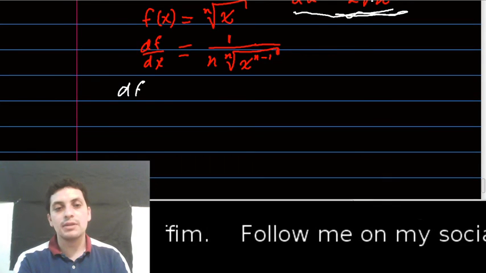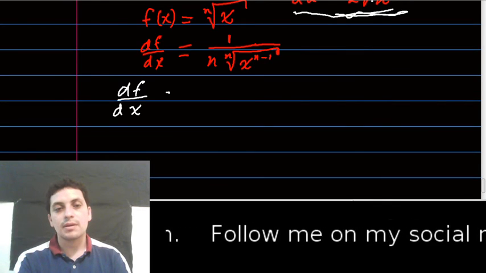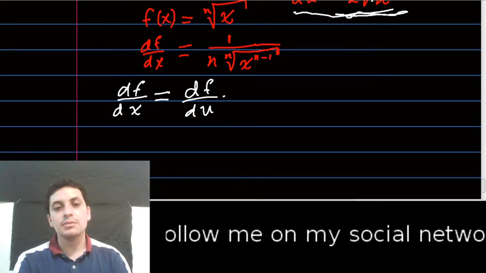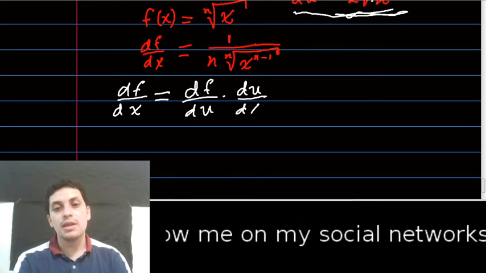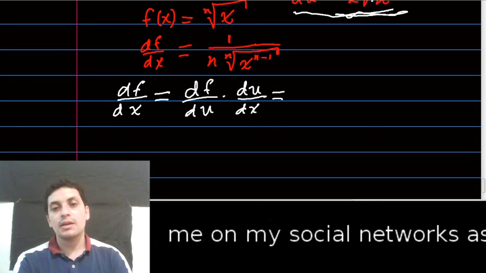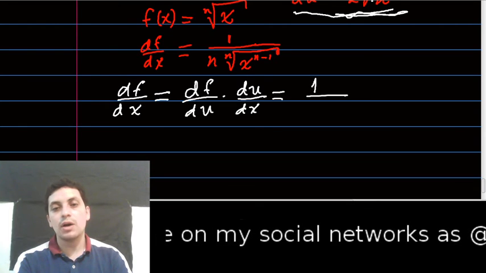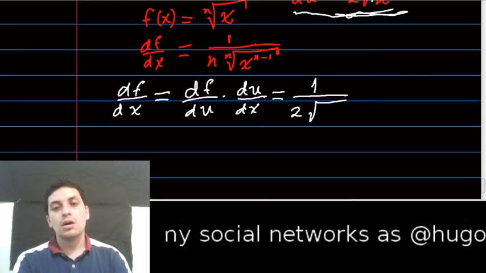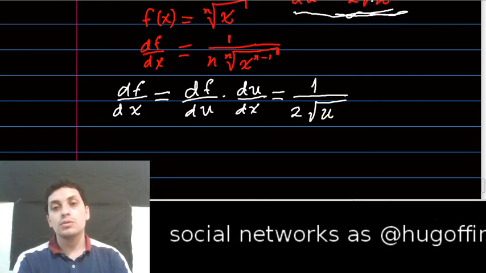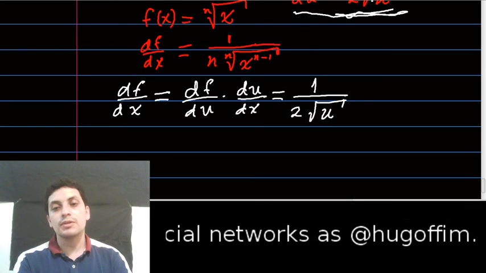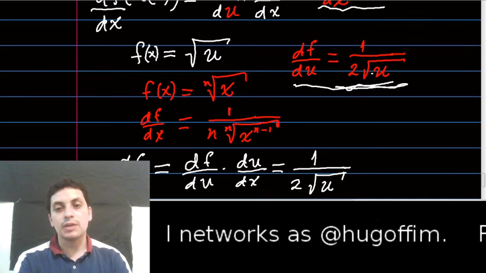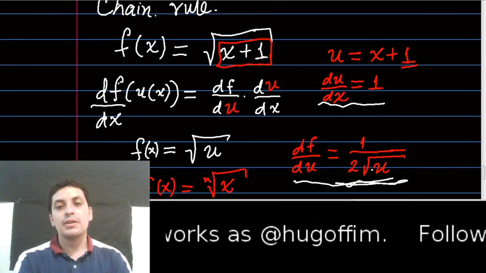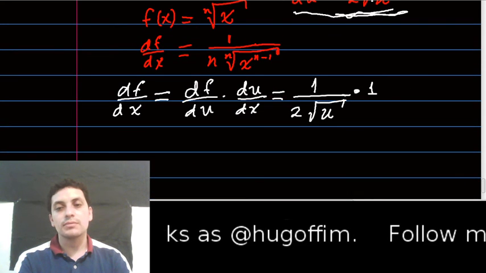So df/dx is going to be df/du times du/dx. And df/du is 1 over 2 square root of u to the first power, okay, is this, right? Times du/dx, which is 1, so 1.